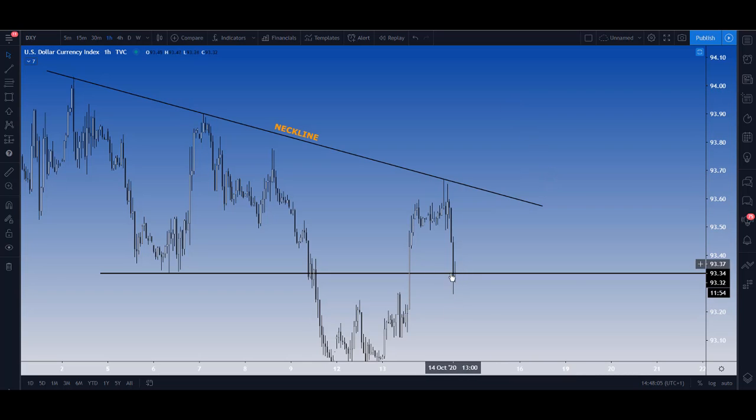So buying from here, when you've got the right price action, some form of confirmation, would be a great move, if this is the right shoulder, and you'd be able to make yourself some pips and some money.